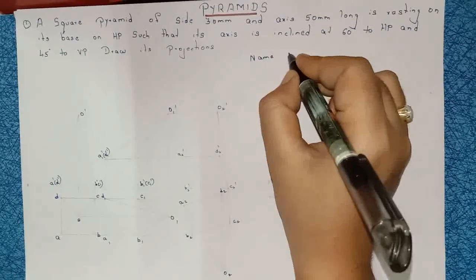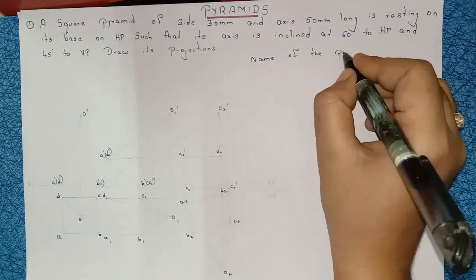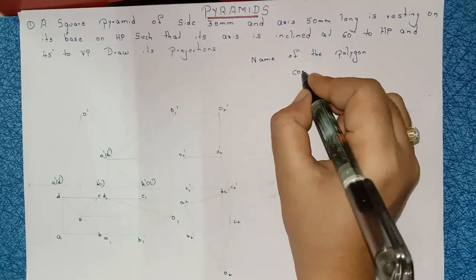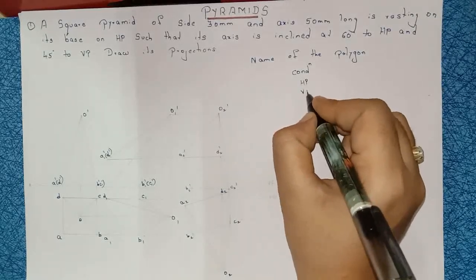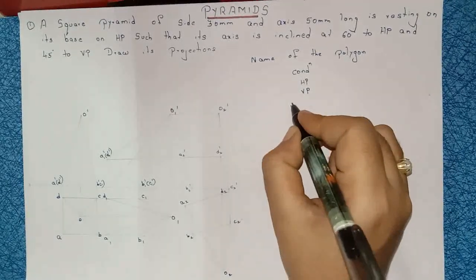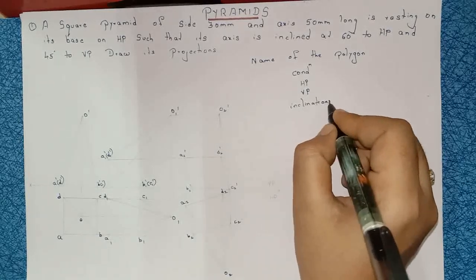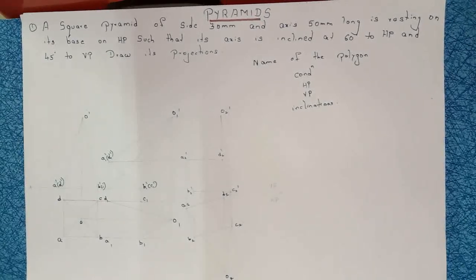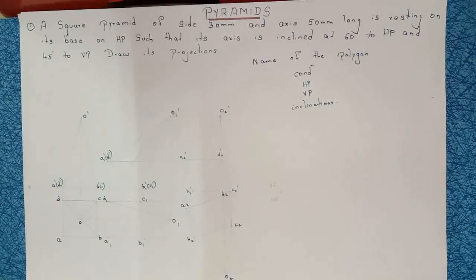What are the 4 points? Name of the polygon. Next is the condition. Next is where we have to start the problem, on the horizontal plane or on the vertical plane. And next is the inclinations. You have to remember these points.